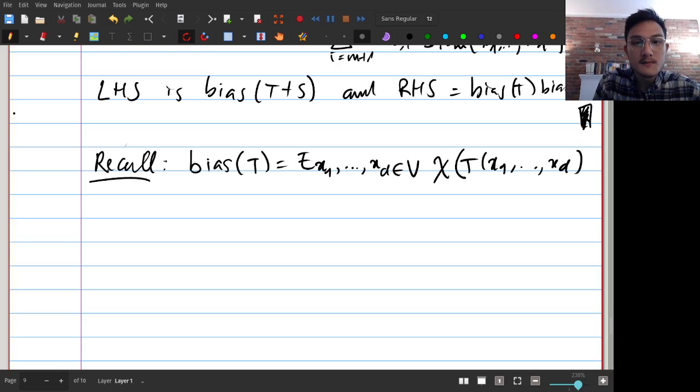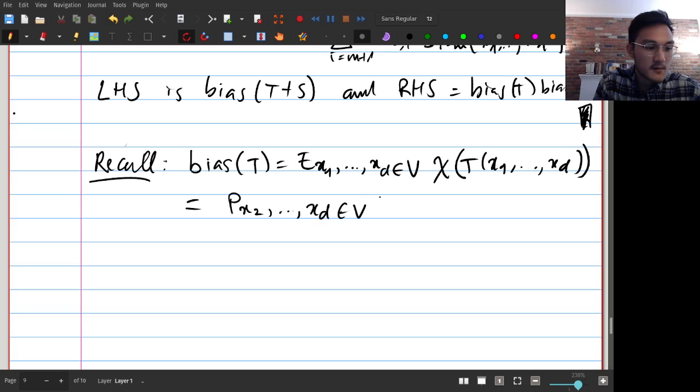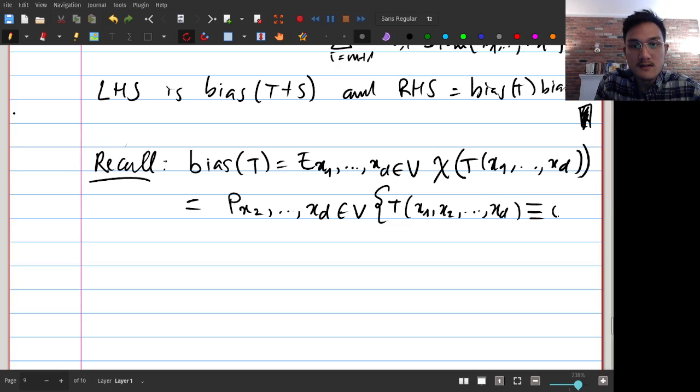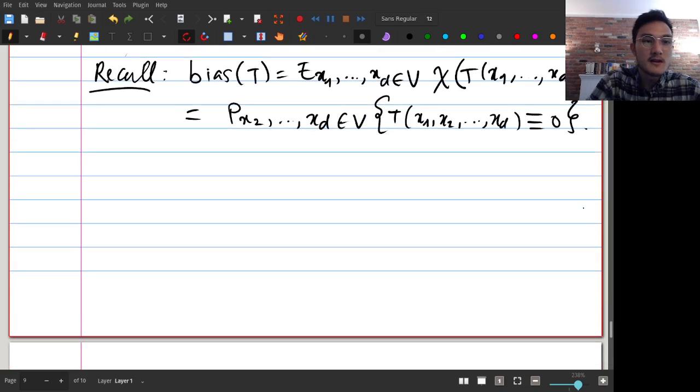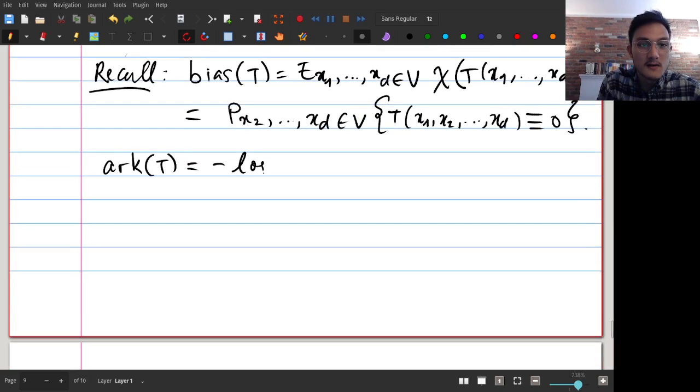It's this expectation, but we showed in the first video it's also this probability: the probability that this linear form in x1 to xd in v is identically 0. Okay, so we showed that already. And the analytic rank, if you write arc t, and F is a finite field, is the negative log of the bias of t.